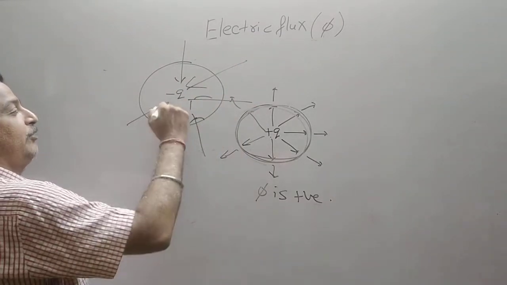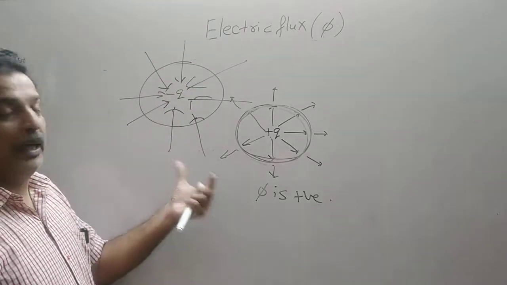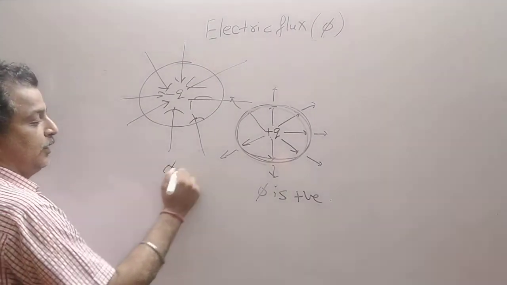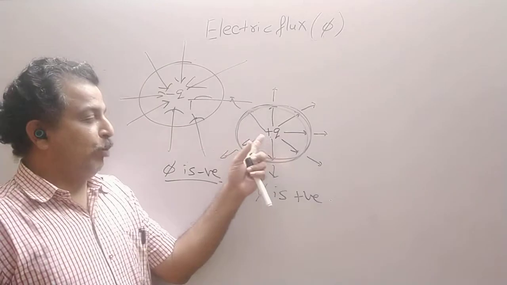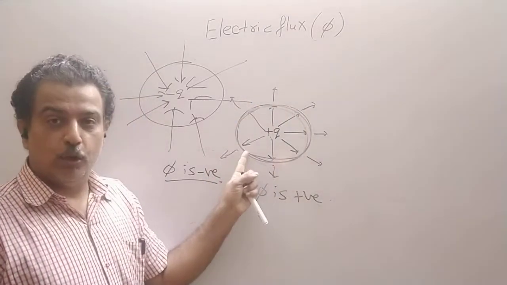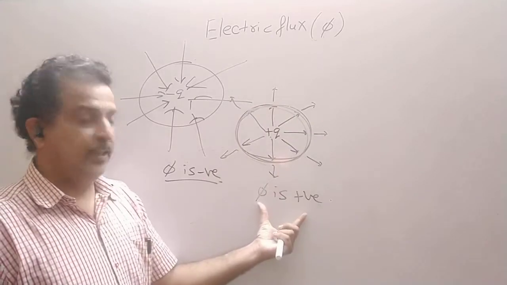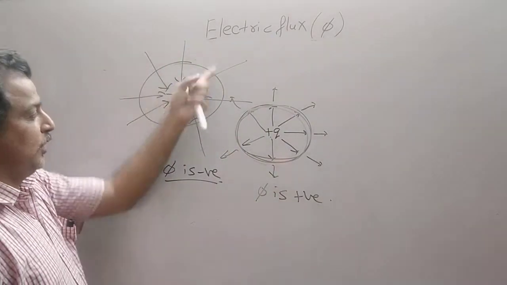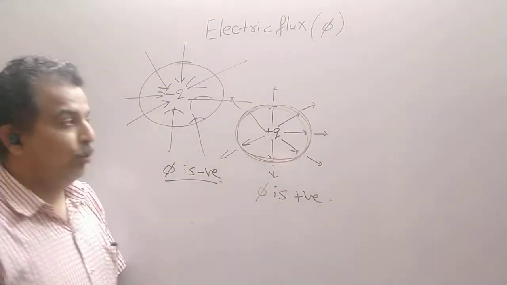What are the field lines? A field line is a pictorial representation or a path followed by a test charge if it is allowed to move freely. In this case, the flux is negative. So if positive charge is enclosed in the closed surface, the field lines will emerge out, so flux is positive. If negative charge is enclosed in this hollow sphere, then the flux is negative.